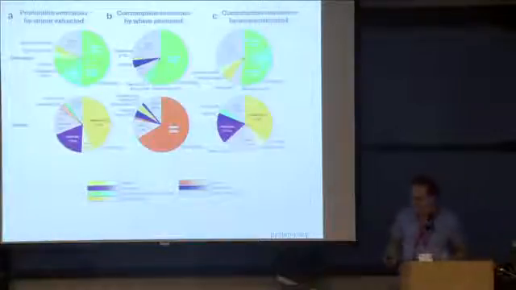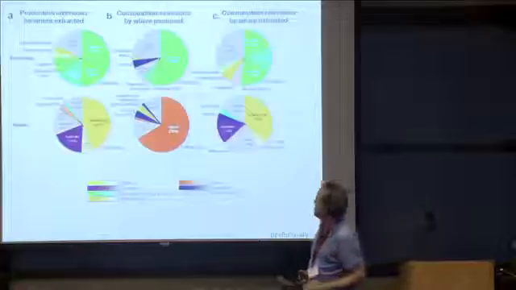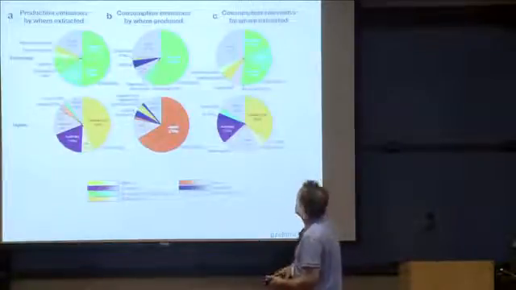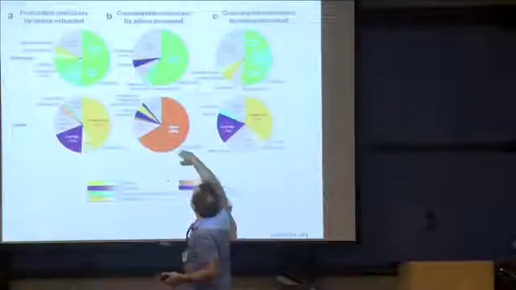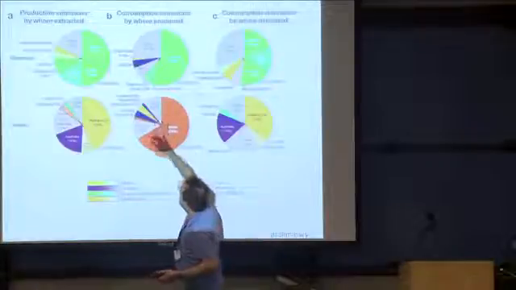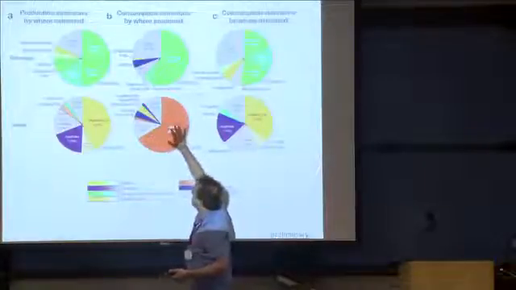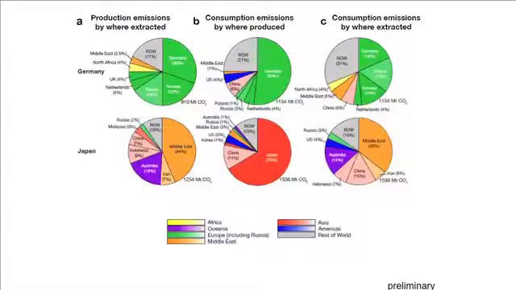So just looking at this one here, this one is Japan. You can see that some fraction of Japan's emissions are coming from oil from the Middle East, some fraction, maybe 20%, is coming from Australia. If you look at their consumption by where their emissions are produced, 70% of their consumption emissions are emitted in Japan, but some of that is coming from emissions from China.